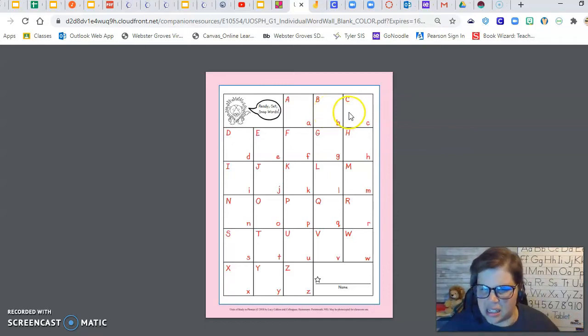How about canned? No. Danned? No. Fanned? Nope. Ganned? No. How about hand? Yes, and helps me to make hand. So we would write H-A-N-D, and you could write it right here on your individual word wall. The word and helps you to spell hand.